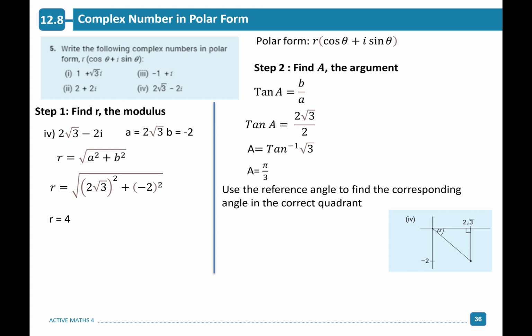To do this, we must draw where our complex number is. Here you can see my diagram of my complex number. Here we can see that our complex number lies in the fourth quadrant. Therefore, to find my argument measured from the positive x-axis anti-clockwise around, we subtract our reference angle from 2 pi.